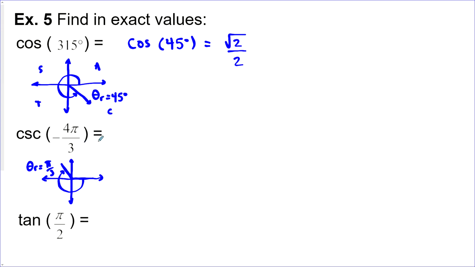So we could rewrite this as cosecant π/3. Now cosecant, remember, is sine. Cosecant can't be cos, so it's sine. We look at our CAST rule again, and we see that sine is positive here, so positive.